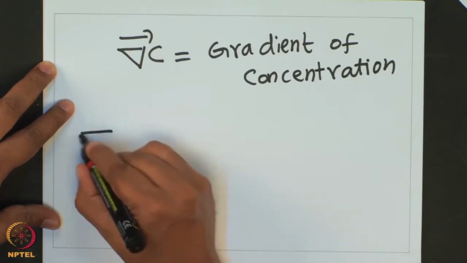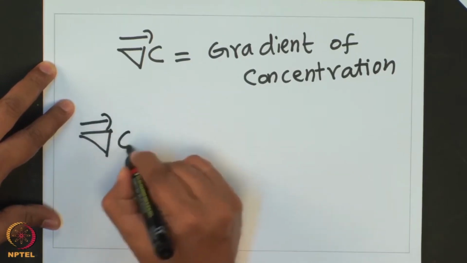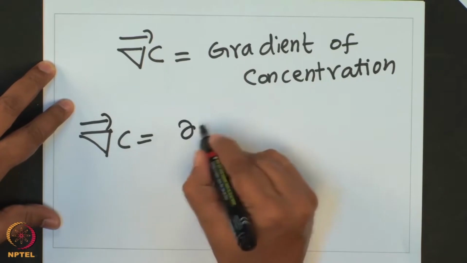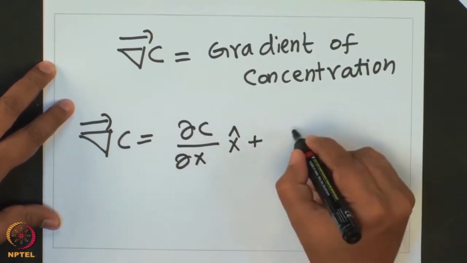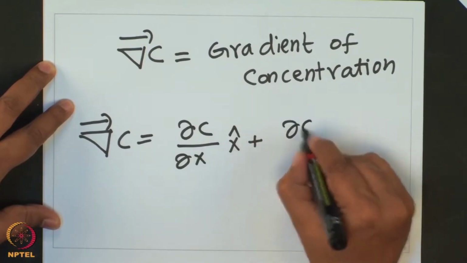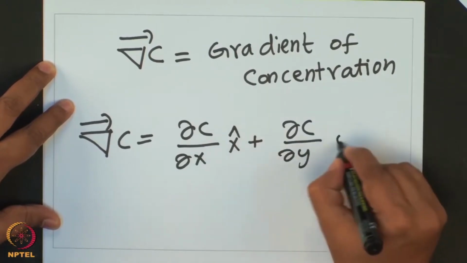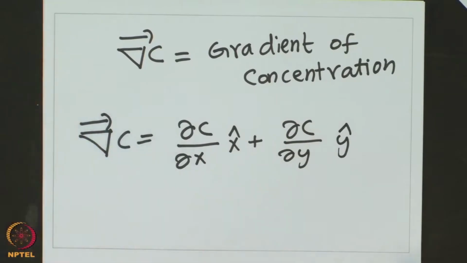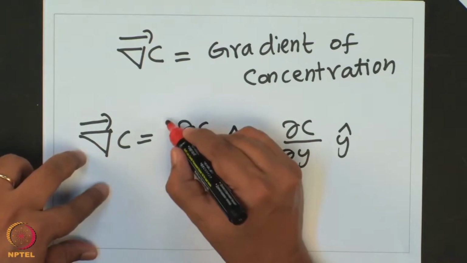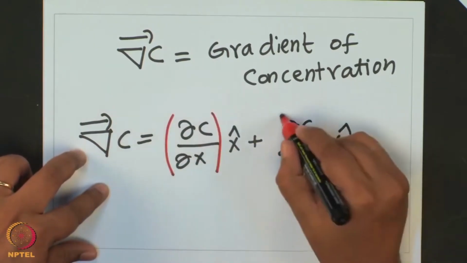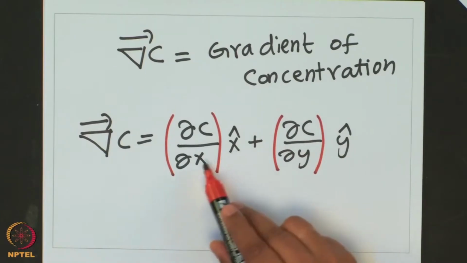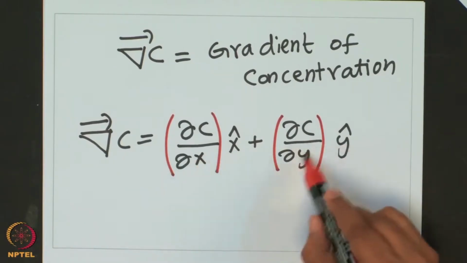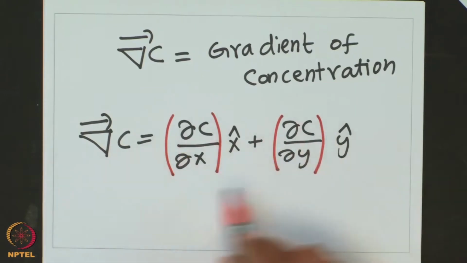What is the definition of del C? In 2 dimension, del C is del C by del x along x cap plus del C by del y along y cap. So this is the definition of this. As we know, del C by del x will give us a number, and this will also give us a number, and along x this is the change, along y this is the change.